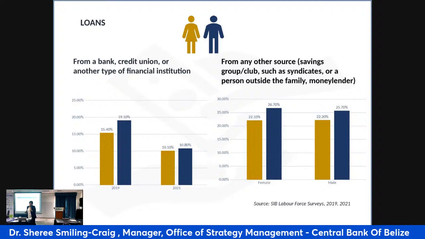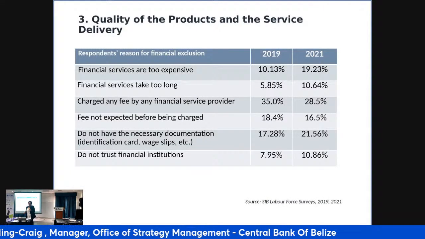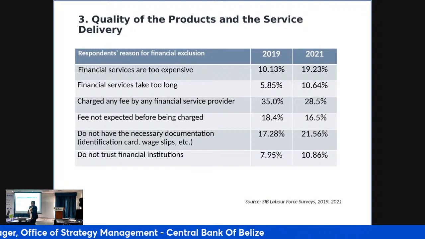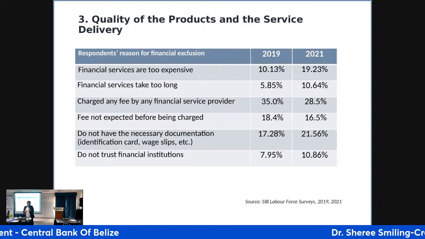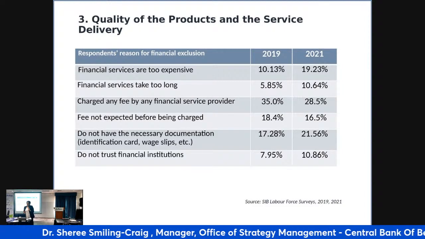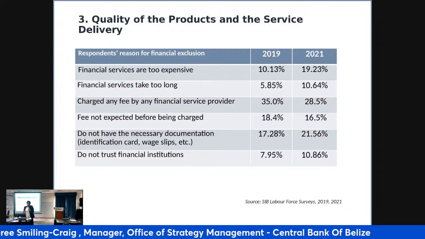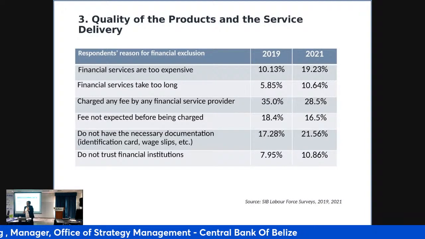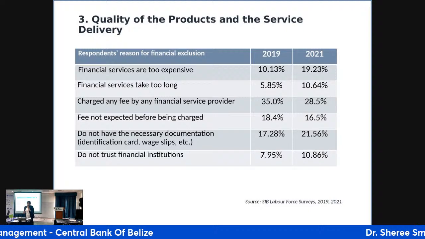All right, some other information is the quality of products and services. Financial services are too expensive: 10.13% said that in 2019, and it went up to 19% in 2021. They take too long, that number increased. They were charged a fee for a service, that went lower, and fee not expected also went lower.